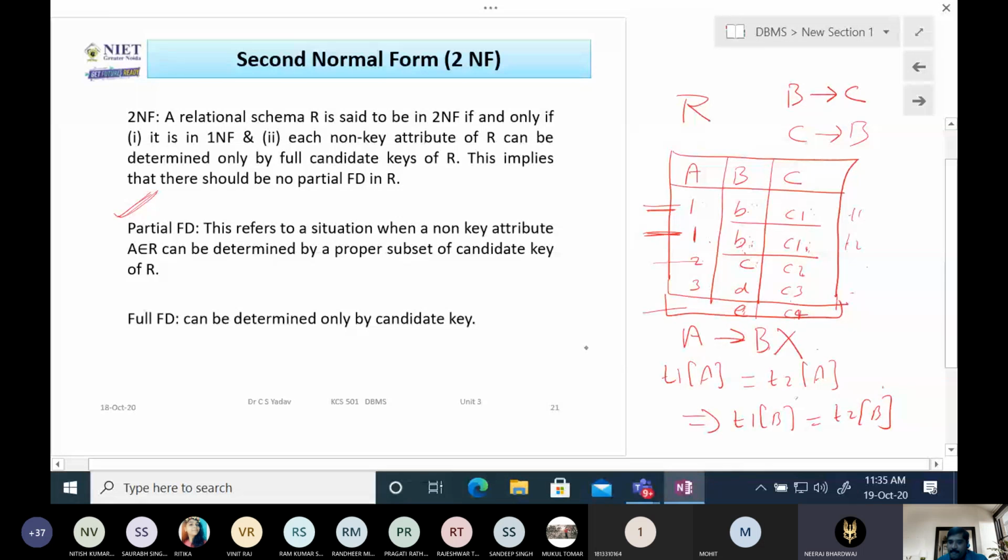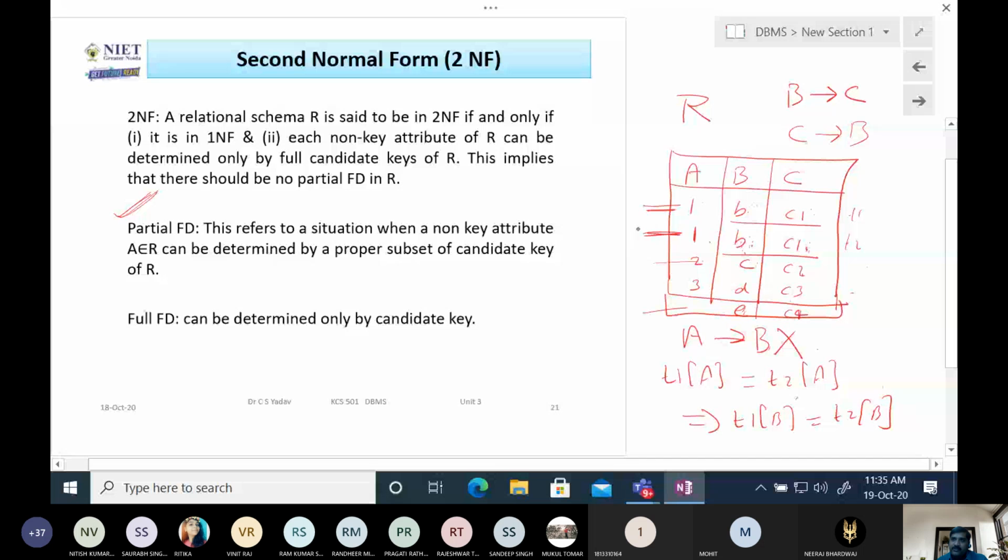According to second normal form, all the non-key attributes are fully functionally dependent on the candidate key. There should not be any partial functional dependency. There should not be any proper subset of the candidate key which determines the non-key attributes.